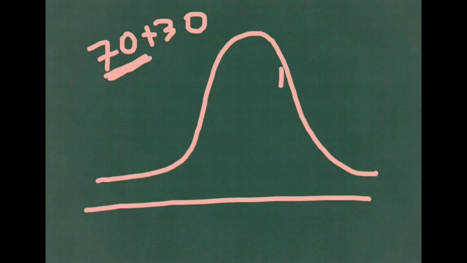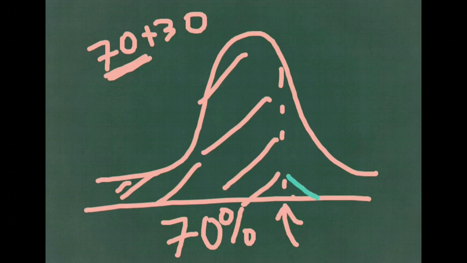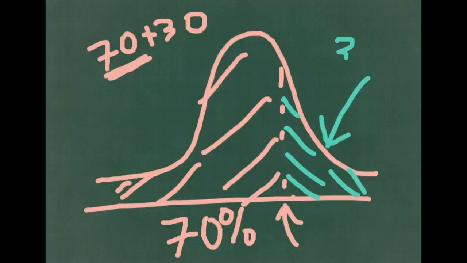So if we're able to find the mark here where this shaded region represents 70%, it means that this shaded region will represent 30%.